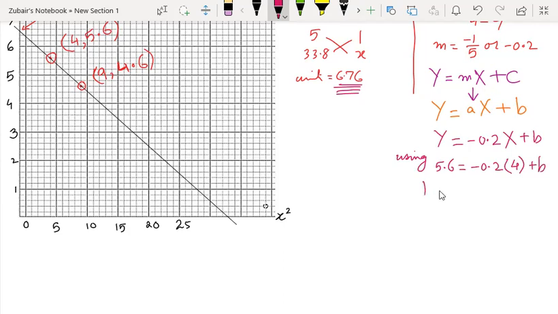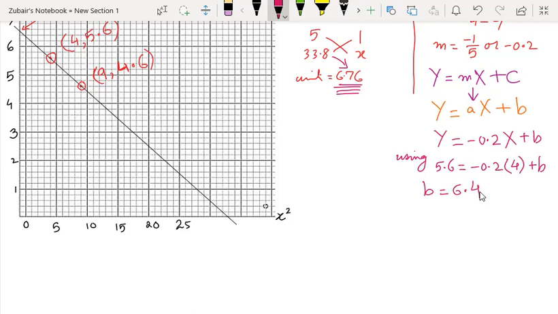So b is coming out as 5.6 plus 0.2 multiplied by 4, which is 0.8. So that will be 6.4. See, I estimated 33.8, due to which I found 6.76. But by formula, the exact value is coming out as 6.4.